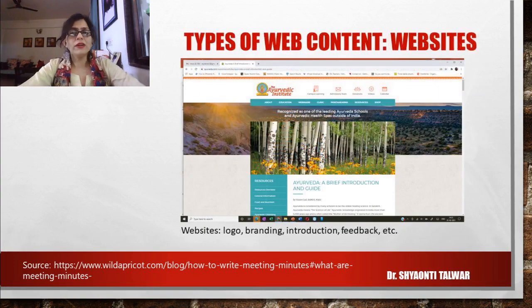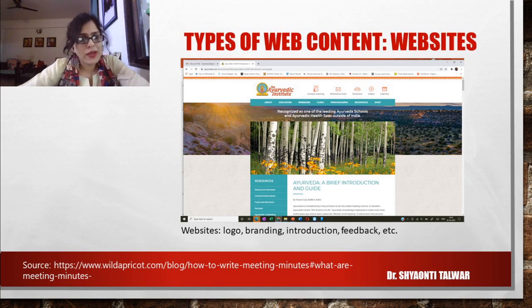Now moving on, here I have the sample of an Ayurvedic institute. It's like an academic organization, and here you can see that you have similar kinds of pointers or heads. So here you have about, then you have education, then you have webinar, then you have clinic, right? And you have shop, so probably they have products over here.